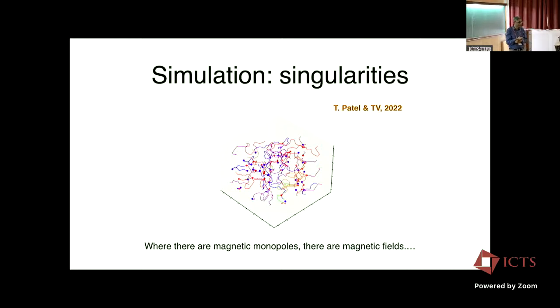But you might say, what's the good of this? Because the strings will bring the monopoles and anti-monopoles together, they'll annihilate, everything will go away. So what's the point? The point is that where there are magnetic monopoles, there are magnetic fields. So even if all the monopoles go away, you will be left with some magnetic field. And it is of interest to calculate what that magnetic field is and what it means for the magnetic field today in cosmology.